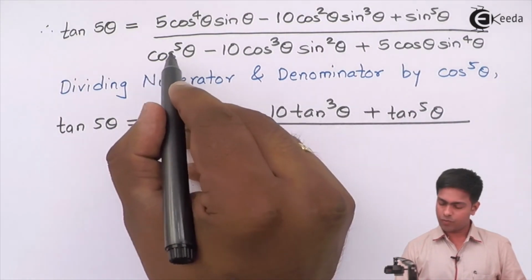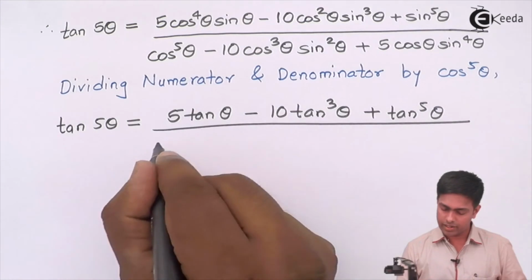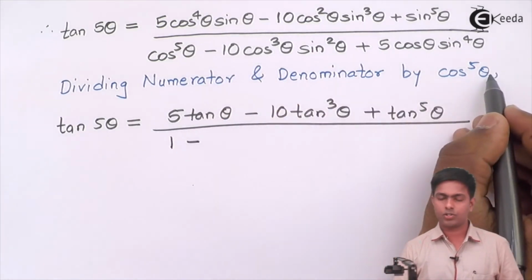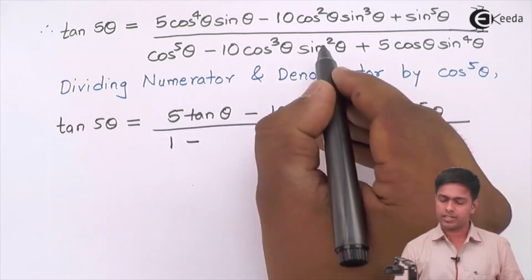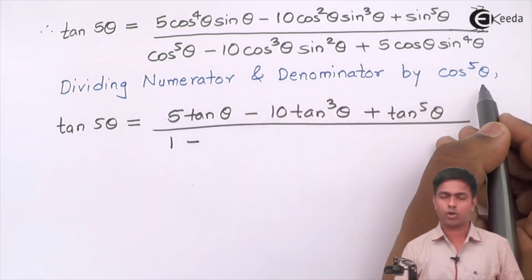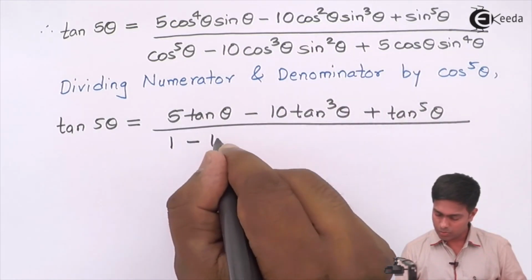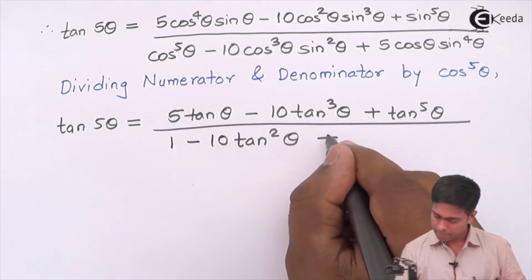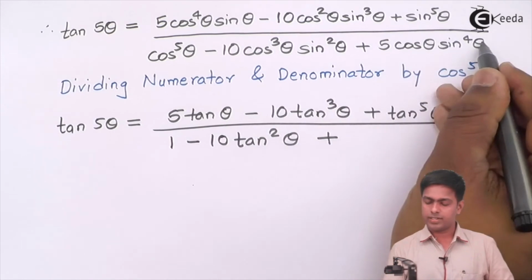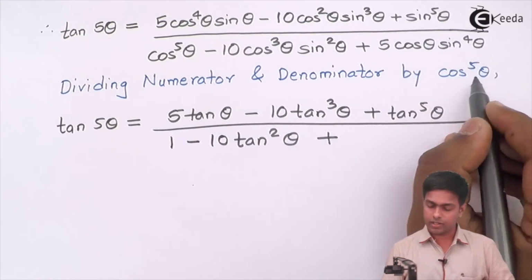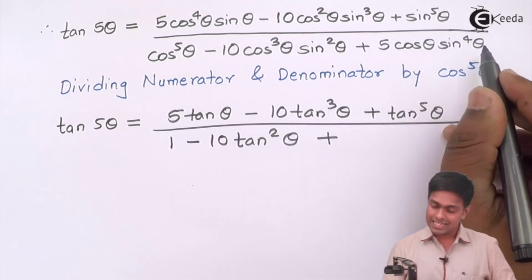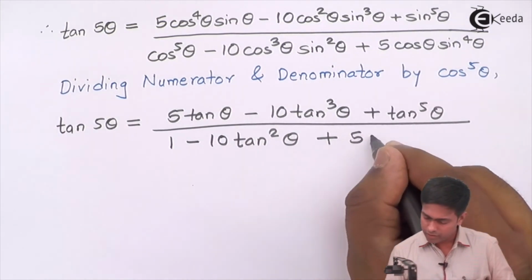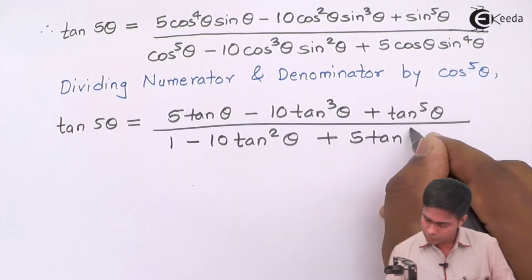Next, cos raised to 5 theta upon cos raised to 5 theta is 1, minus this term upon cos raised to 5, so cos cube cancels, sin square upon cos square is tan square, so minus 10 tan square theta plus, now this upon cos raised to 5 theta, so cos and cos cancel, sin raised to 4 upon cos raised to 4 is tan raised to 4, so 5 tan raised to 4 theta.